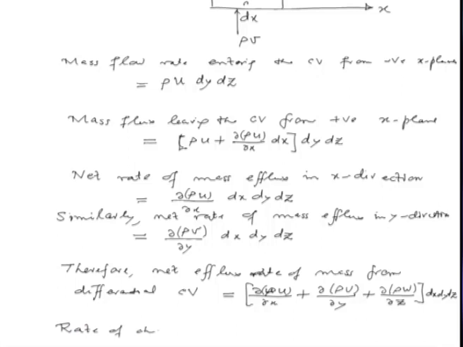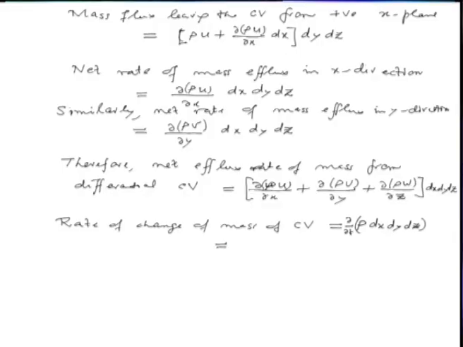So rate of change of mass of CV would be given by del over del t of rho dx dy dz, and this must be negative of the efflux rate.